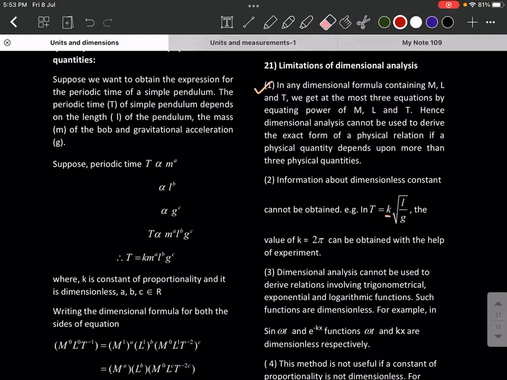Limitations of dimensional analysis. If the first point is over, I'll slightly move it up.